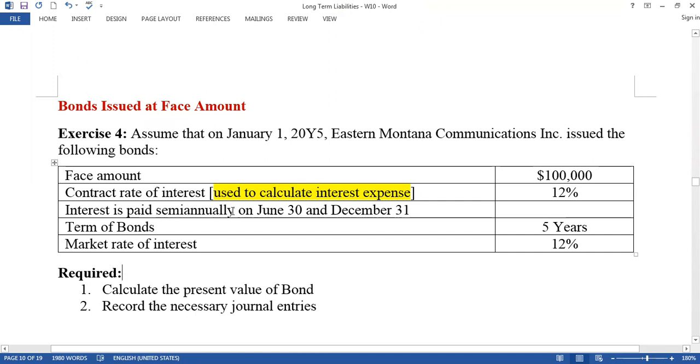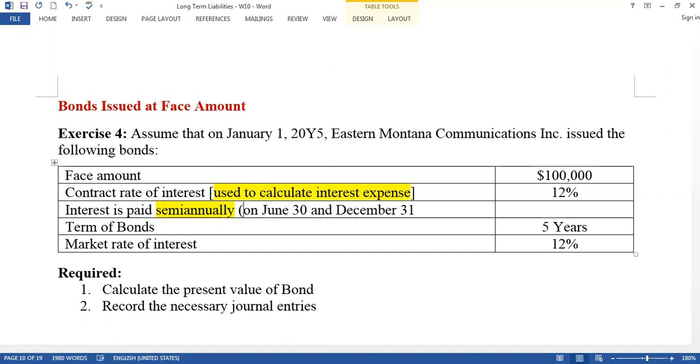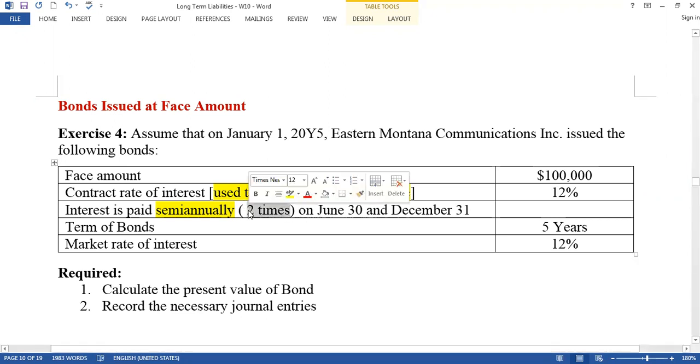Then interest is paid semi-annually, another important keyword here. Interest is paid semi-annually means interest is paid 2 times, twice a year.